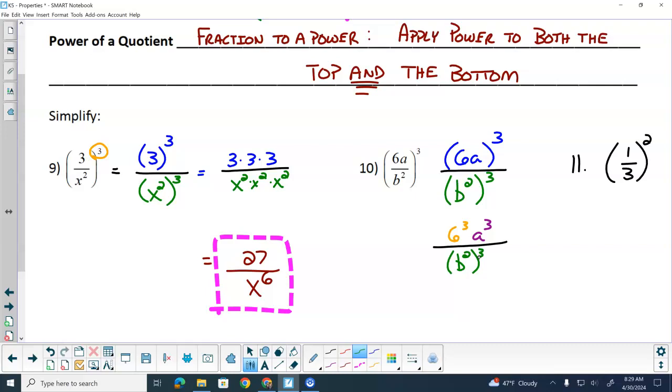So you get 6 cubed is 216. A cubed is a cubed. And then b to the 6th power on the bottom, because b squared cubed is b squared times b squared times b squared, which is b to the 6th power.